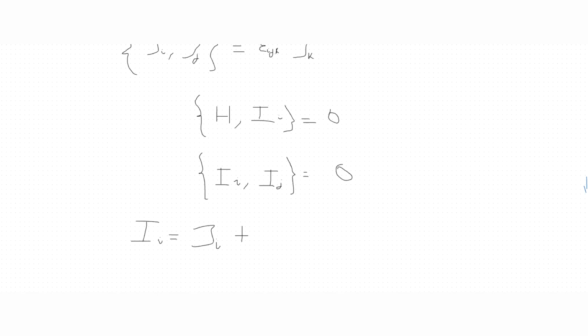So in this case, since for the Kepler problem we have both momentum and position, we can try to add with some coefficients, for example C_Q Q plus C_P P, in this way.